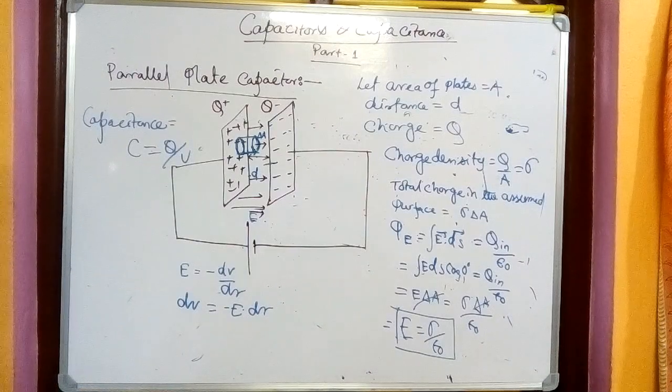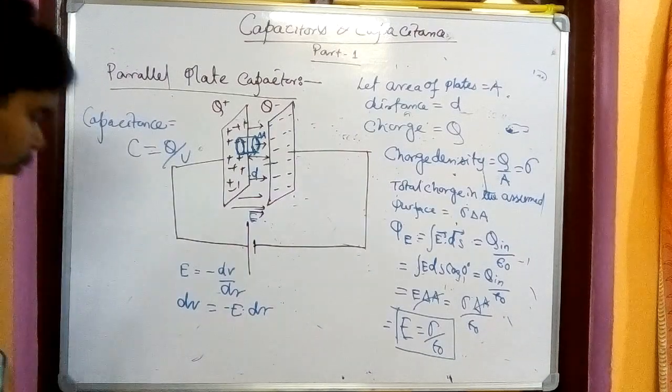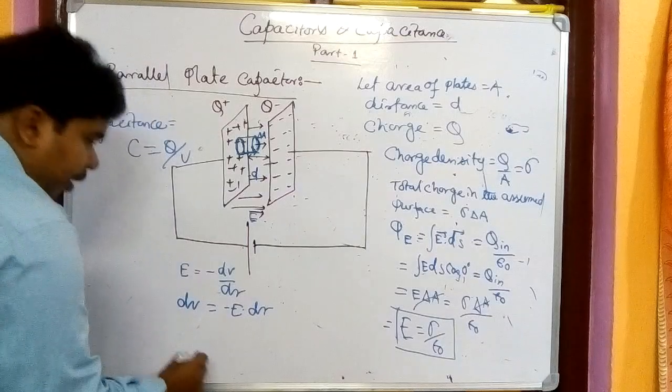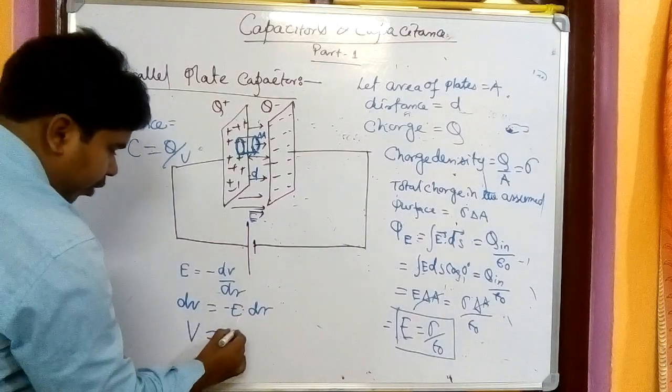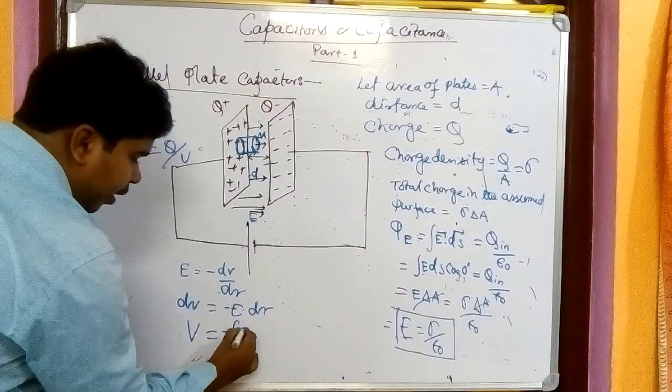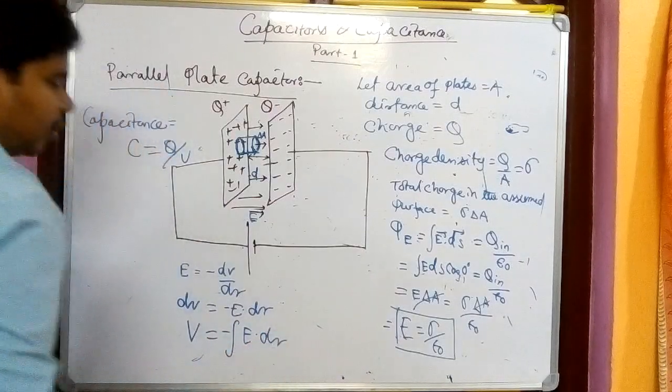The value of E is sigma by epsilon naught. Now we have to find V, so V equals the integration of minus E dot dr.